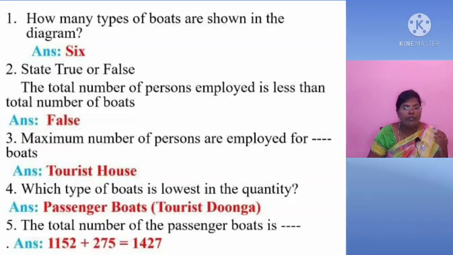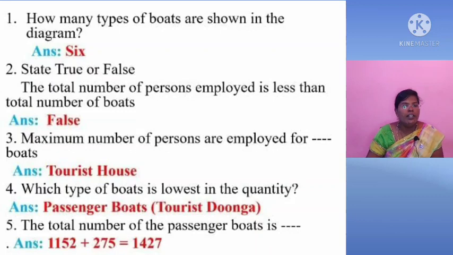State true or false: the total number of persons employed is less than the number of boats. Is it true? No. Why? Because the total number of persons employed is 9996, but the number of boats is just 6, or the quantity is 4202.